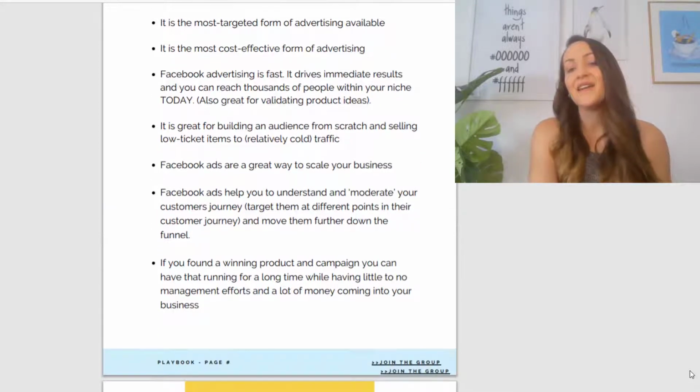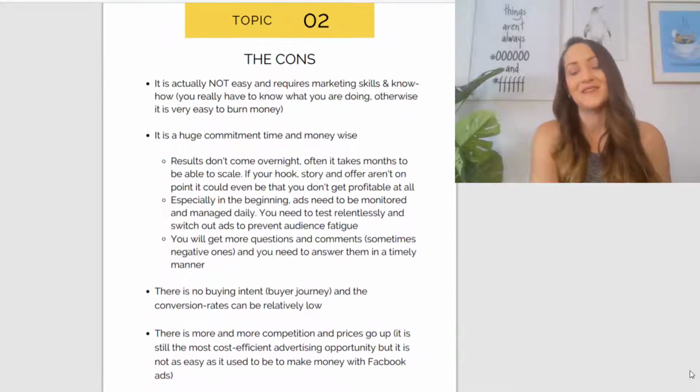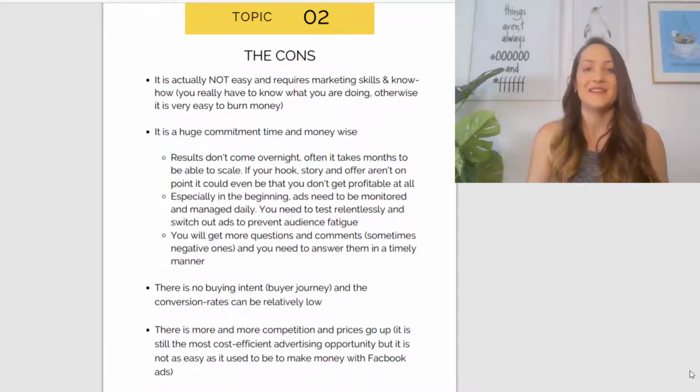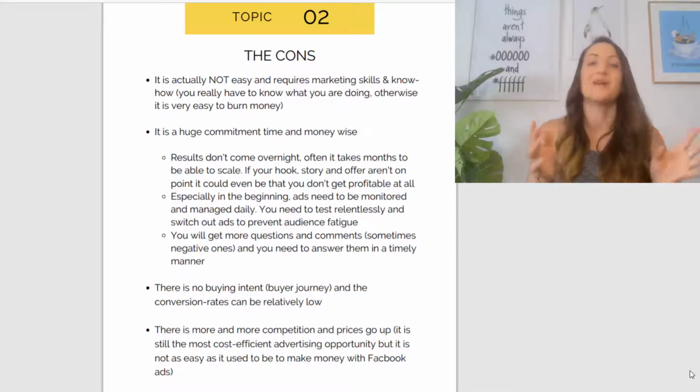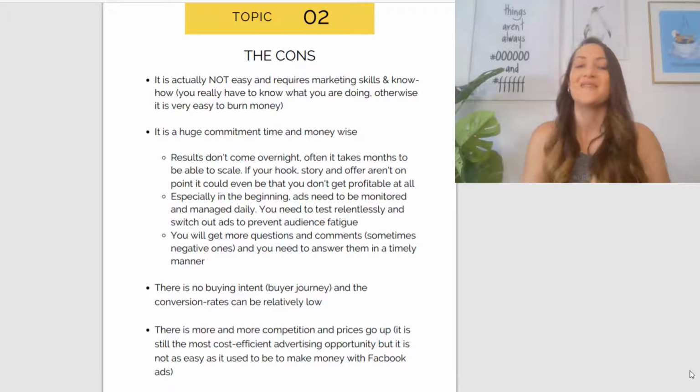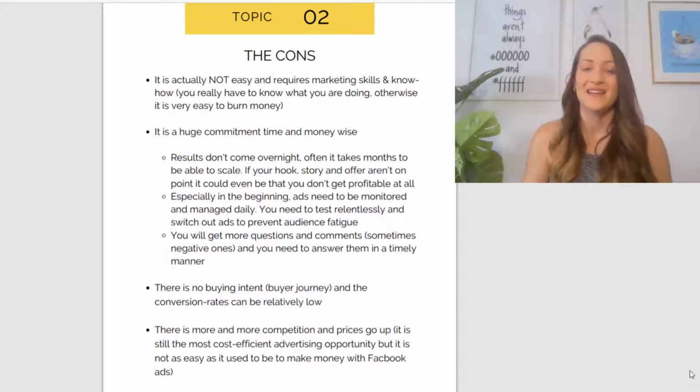Okay, now for the downsides. So the cons are, in the beginning, it's definitely, absolutely not passive. It requires a lot of work. And not only a lot of work, it also requires skills, marketing know-how, and a bit of technical know-how: all the tracking, all the audience building, navigating through Ads Manager, making your creatives.